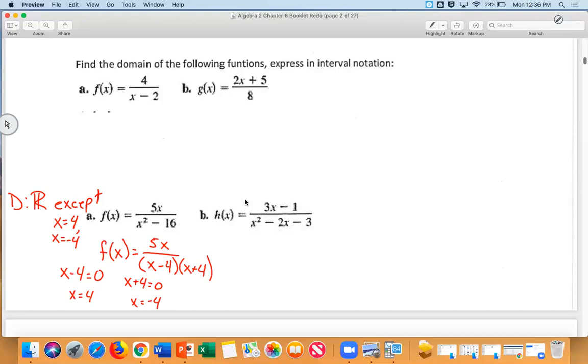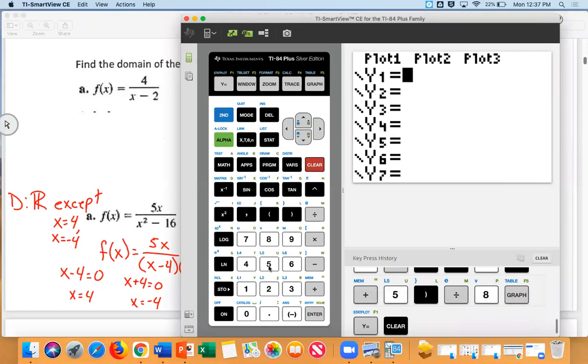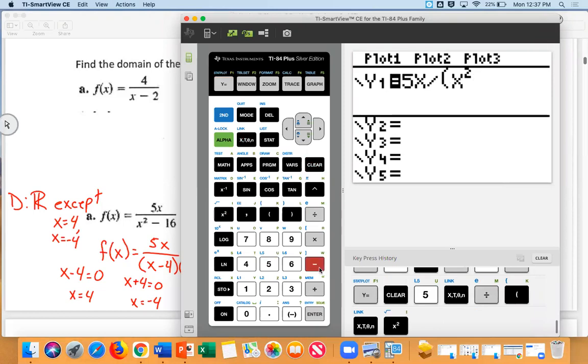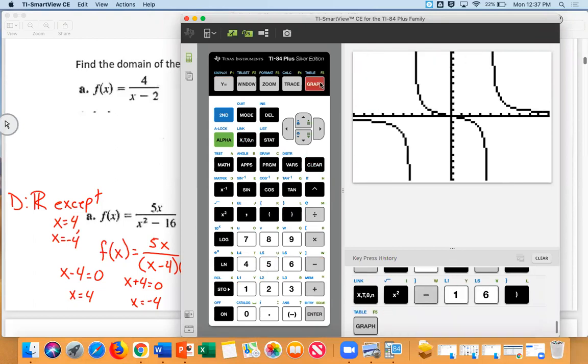Well, the numerator, okay, will be overwhelmed by the denominator. And what do I mean by that? Well, let's look. Type it in. See?